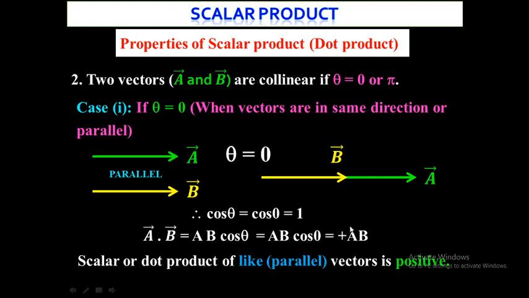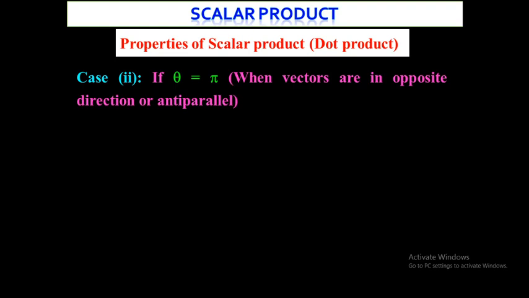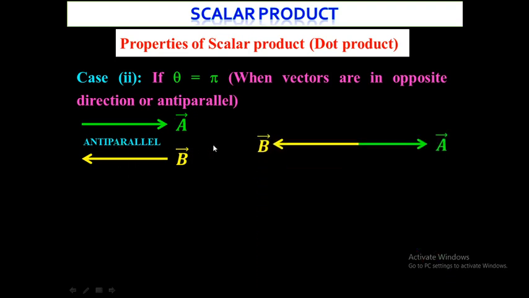Now we'll consider the second case in the same property. Case number 2: when vectors are in opposite directions, or anti-parallel. Suppose these vectors A and B are anti-parallel, it means the angle between them is 180 degrees, that is pi. They are along the same line but in opposite directions, and we know that cos pi is minus 1.